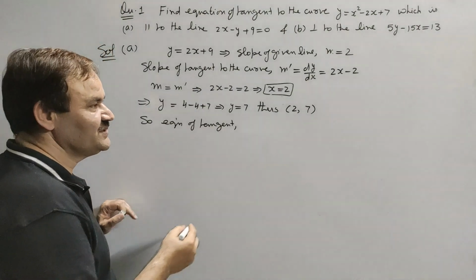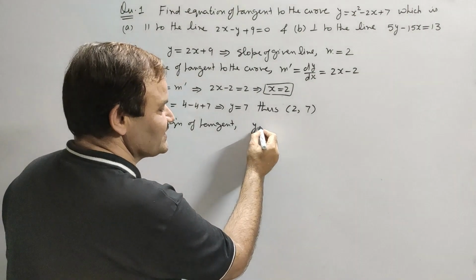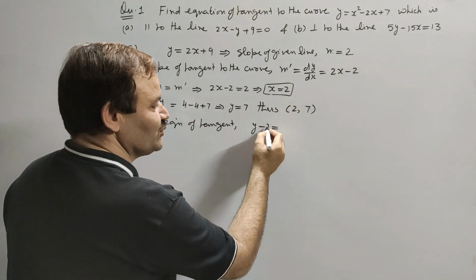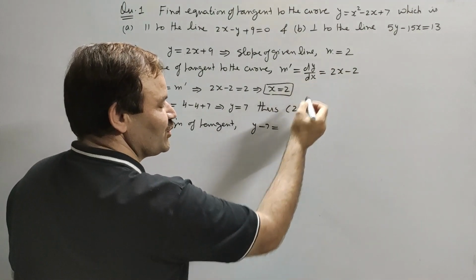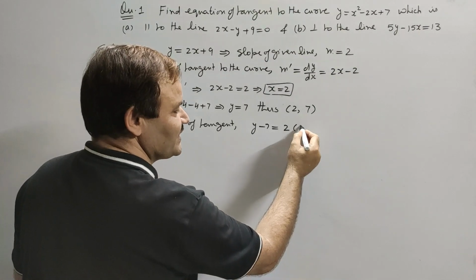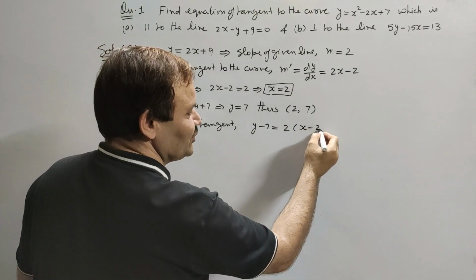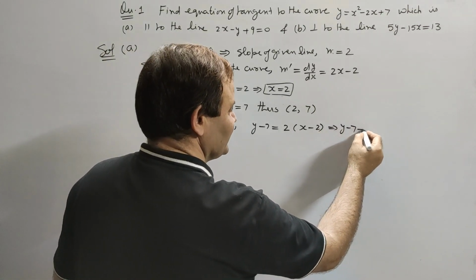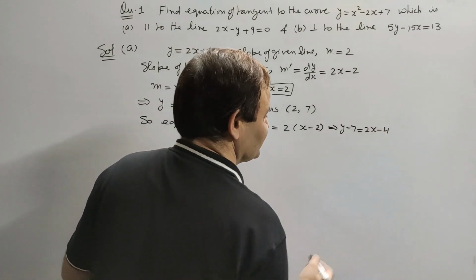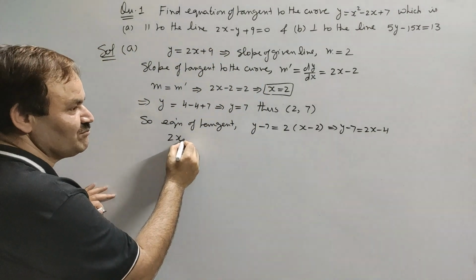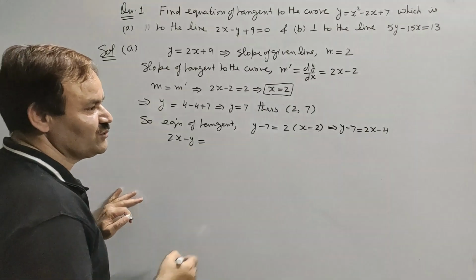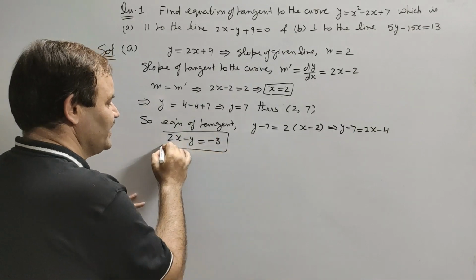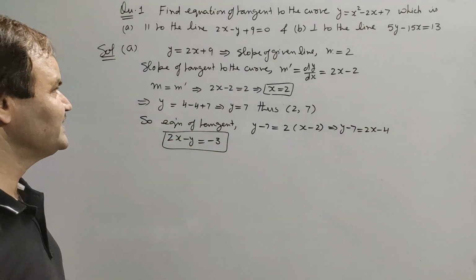So the equation of the tangent: y minus y1, y1 means 7, is equal to m, m means slope, that is 2, times x minus x1, x1 is 2. So this implies y minus 7 is equal to 2x minus 4, or 2x minus y is equal to minus 7 plus 4, that is minus 3. It is the required equation of the tangent.